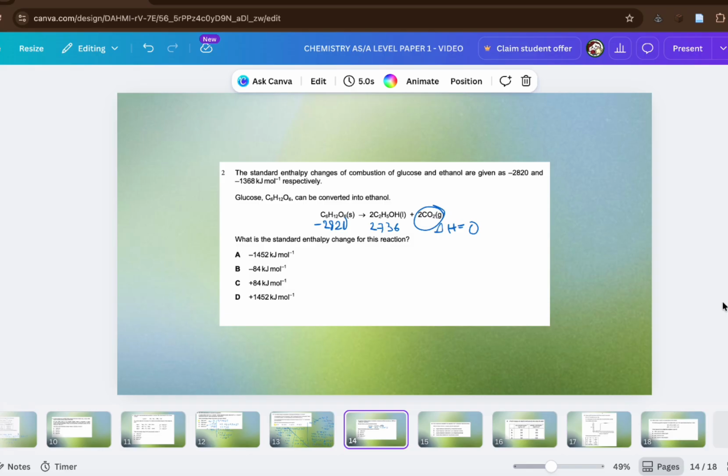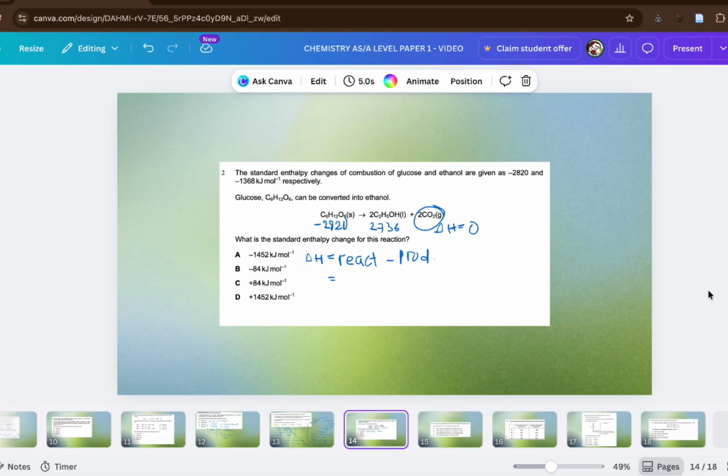Okay, so we will try to count the enthalpy change. Because it's given in combustion, we will use the combustion formula. Hold up, I can't write it wrong. Hold on. Okay. Reactant minus the product.